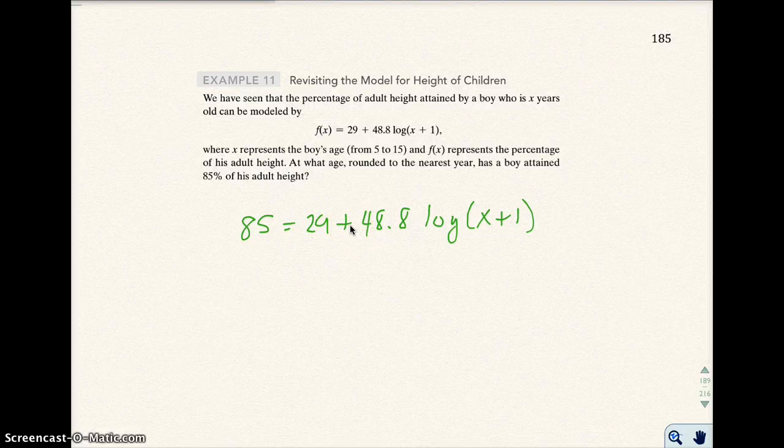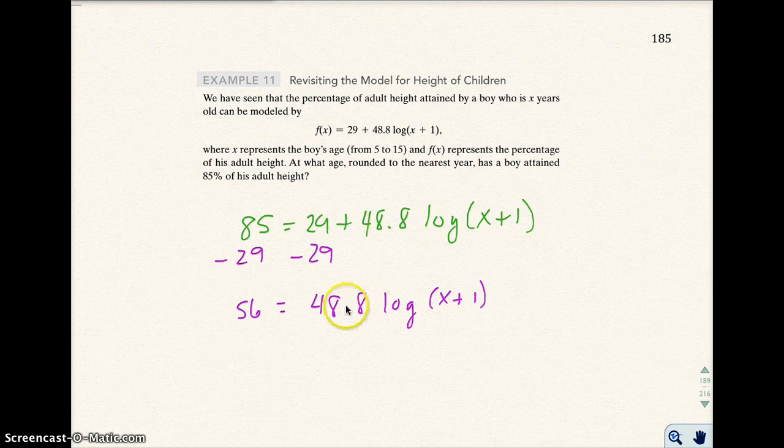So we're going to subtract 29 from both sides. My iPad is really slow. So let's erase this, it's not writing what I'm trying to write. So minus 29, minus 29. So 85 minus 29 is 56. 56 equals 48.8 log of x plus 1.